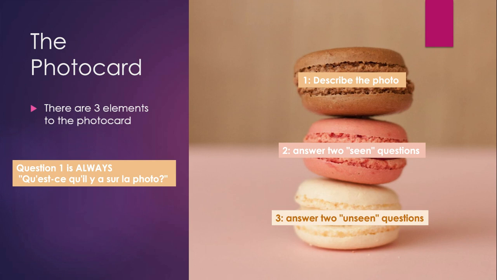All of the questions that you get asked are in relation to the topic that the photo's on. So if you've got a photo of somebody playing a sport, then your follow-up questions are going to be about what you think about sport, what sport do you do, what you've done recently in terms of sport, etc. It's going to be all related to that theme.